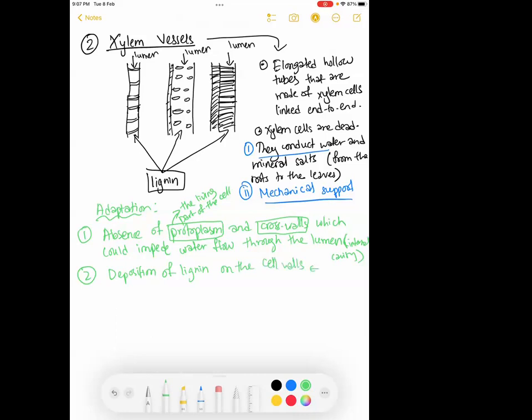This actually strengthens the vessels, and that's why they can provide support. So this lignin actually provides support to the vessels. Do you have any question?